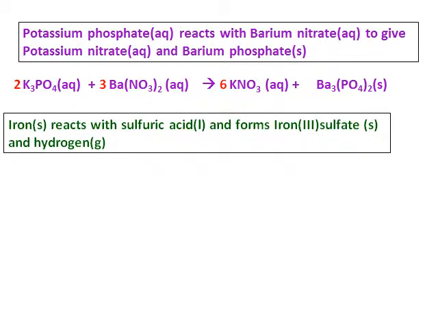So the next one is iron solid reacts with sulfuric acid and it forms iron 3 sulfate and hydrogen gas. So the equation is given Fe plus H2SO4 gives you Fe2(SO4)3 and hydrogen. So in order to start the balancing act, let's just balance iron.